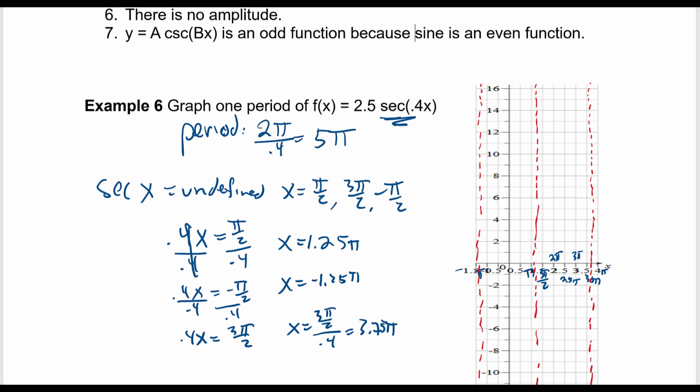Now, the amplitude is important because that's going to tell us how far down it's going to come. So 2.5 times 1 is 2.5. So right about, that's 3, sorry, .5 will come right across here and right across here.